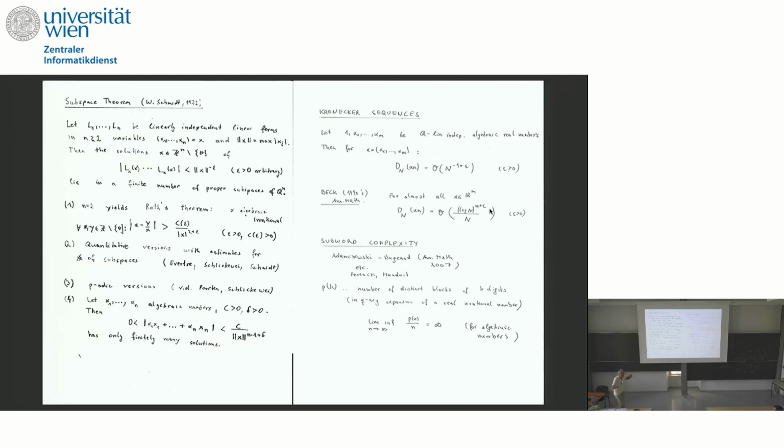So these are highly ineffective results in the sense that even if you know that there are at most 2 solutions, you don't have an algorithm to decide whether there is a solution or not.